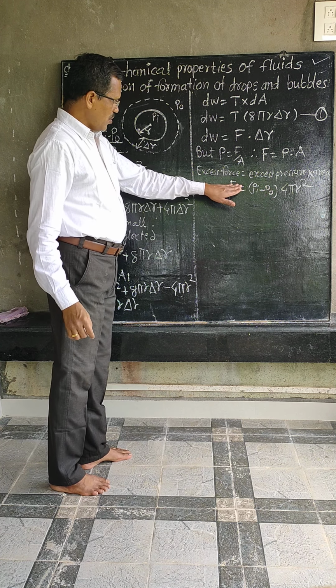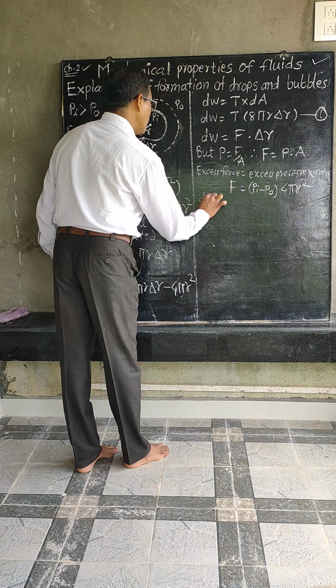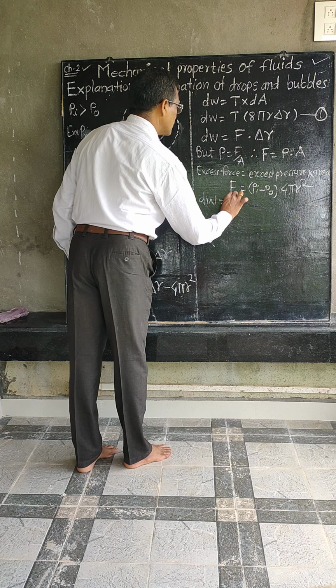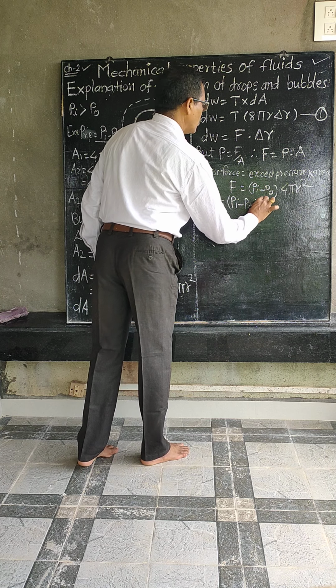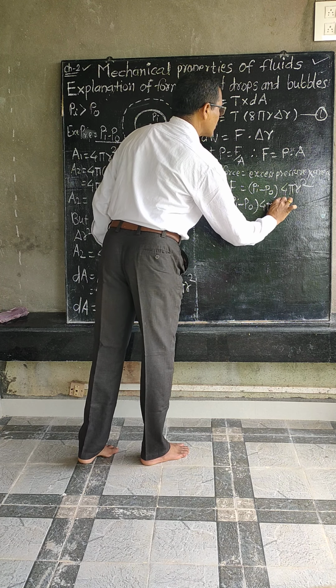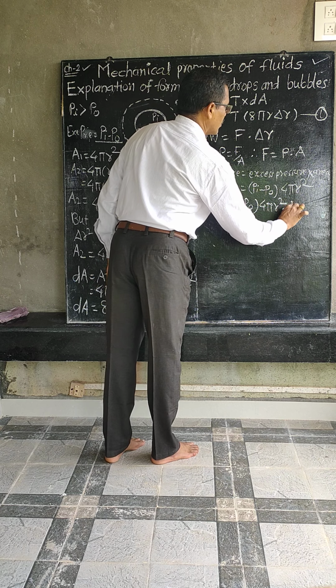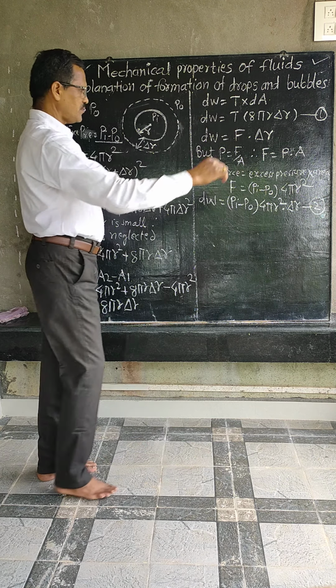Let's substitute the value of this force in this equation. Therefore dW is equal to force, that is (Pi minus Po) into 4 pi r square, into this delta r. Suppose this is equation 2.